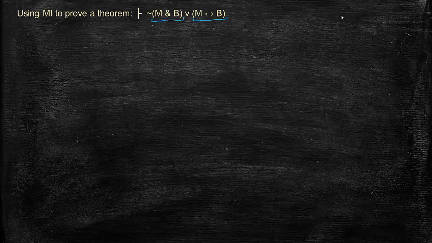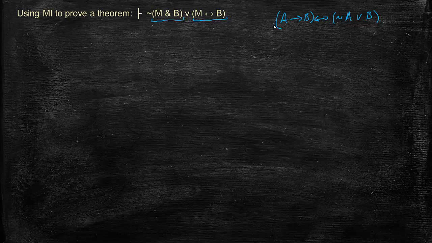So remember, not A or B is, by material implication, logically equivalent to if A, then B, right? That's the rule we just learned. So if A, then B is logically equivalent to not A or B, and that's not A or B.